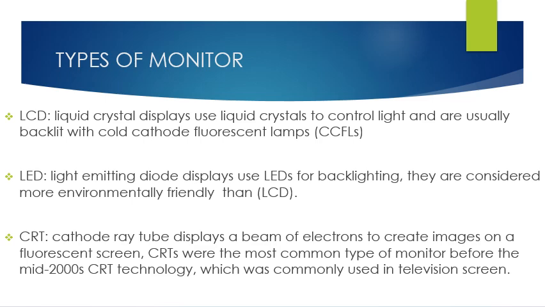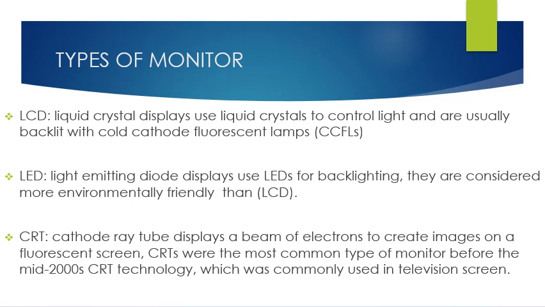So let's look at the CRT, which is known as cathode ray tube. It displays beams of electrons to create images on a fluorescent screen. So they have already designed an implementation whereby once the video is captured, it will just be displayed on the fluorescent screen.